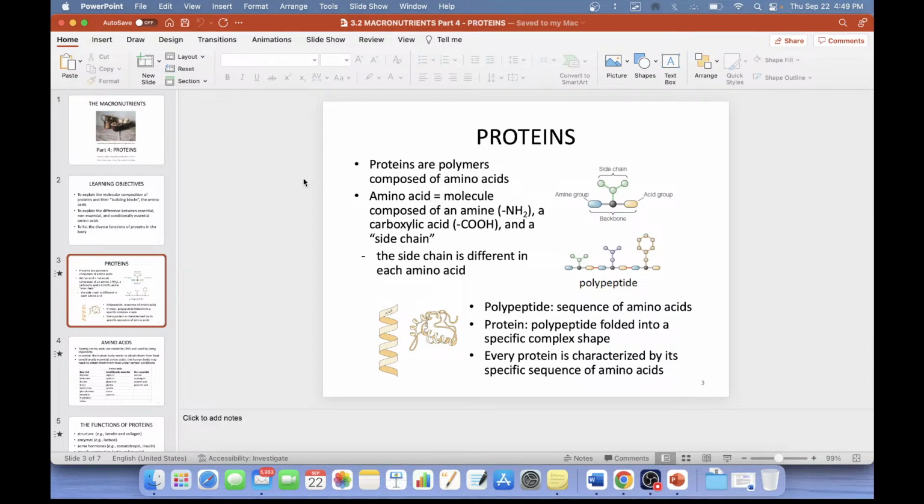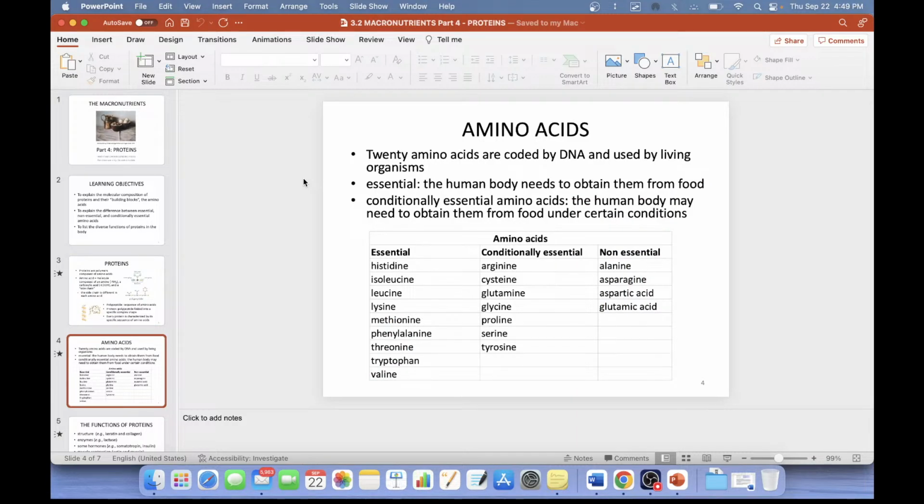We lose the ability to produce them in sufficient quantities. And the remaining ones are non-essential. That is, even if we don't get them from food, our organism is capable of getting them by transforming the essential ones or by forming them with other molecular bits, molecular pieces.